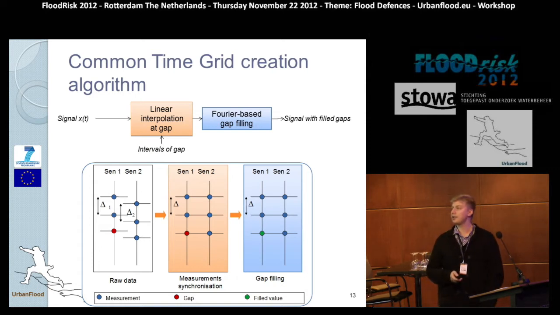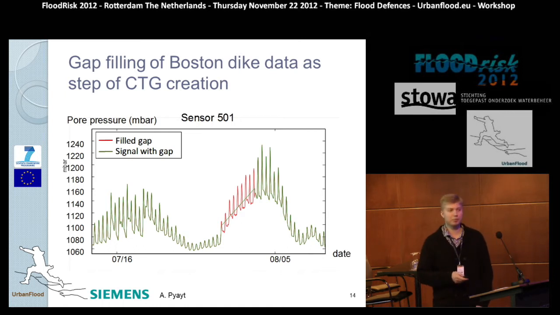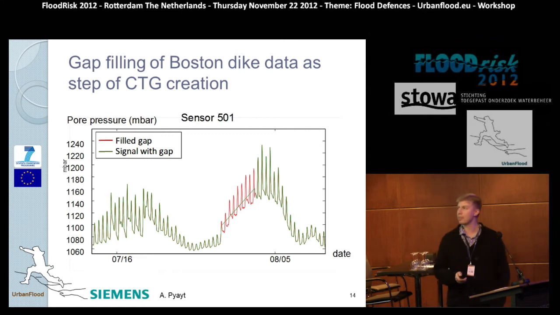And this requires application of a common time grid procedure and application of gap filling procedures. Without these steps, we can't apply most of the data-driven methods. And as the result, we can work already with quite reliable data without gaps and with regularly spaced measurements.